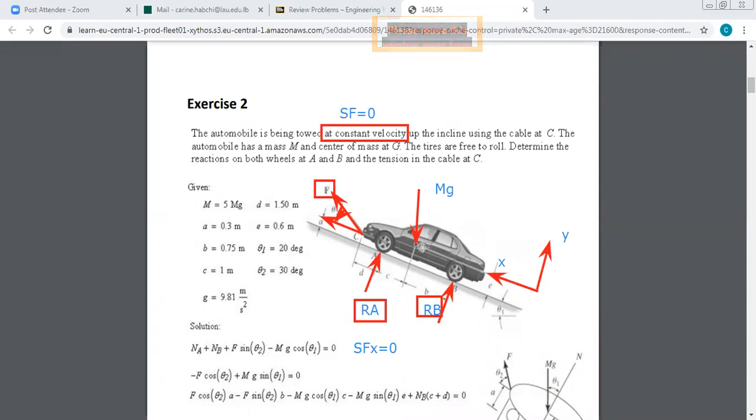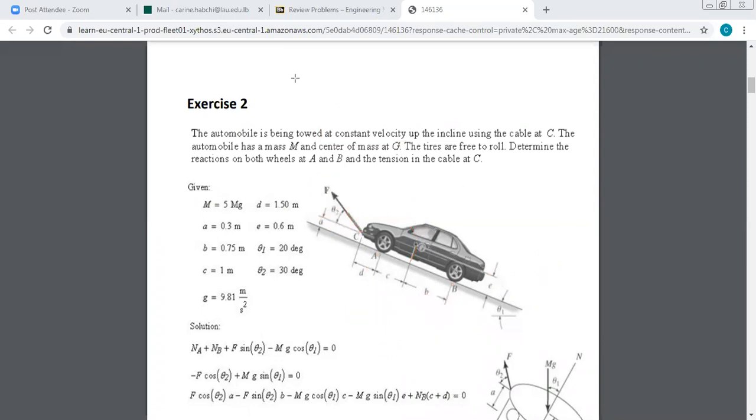Now for the weight, we should project the weight on X direction. This is why we need to find this angle here, because we need it for projection. We needed to find the component of weight along X. In order to find this angle, we have several methods. The first method is to say that I will clear the drawings to make it clear.